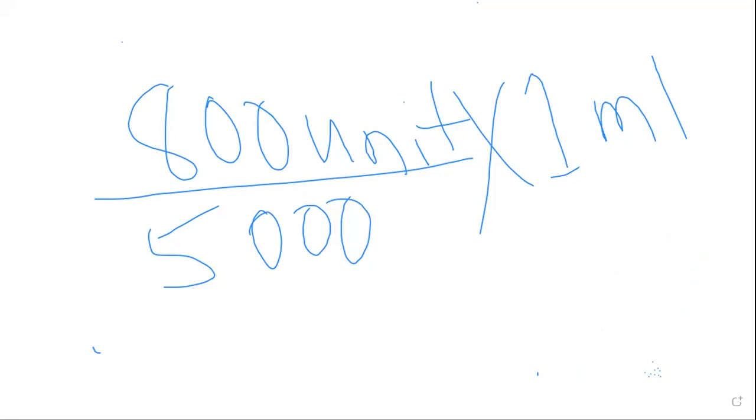Again, if you wanted to cross some of the zeros off, you could, as long as you do the same amount on the top as the bottom. So we have 1, 1, 2, 2, and then it would be 8 divided by 50. Or you can do 800 divided by 5,000. You should get the same answer either way.